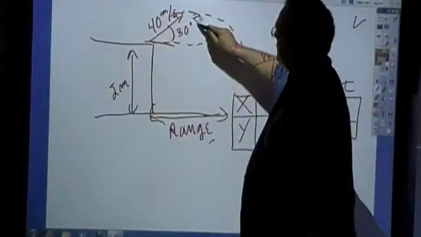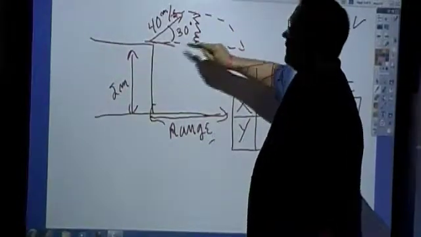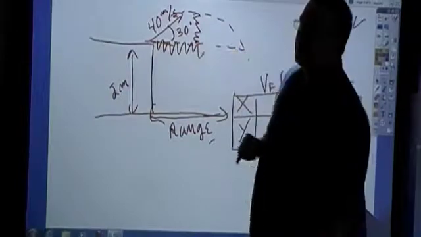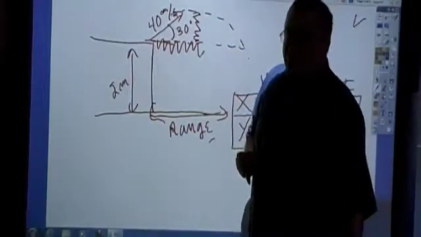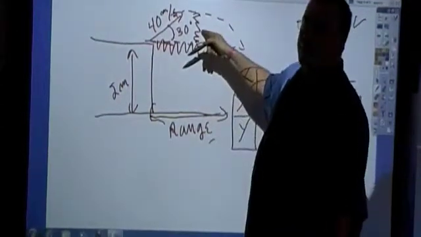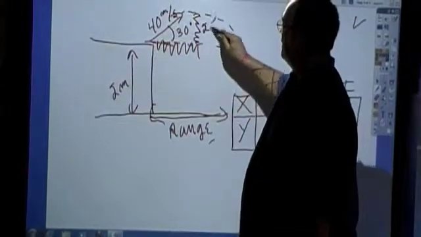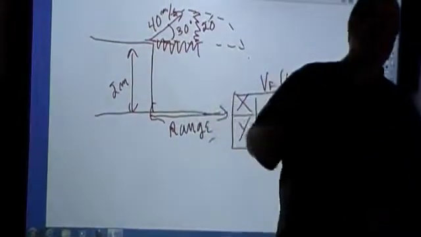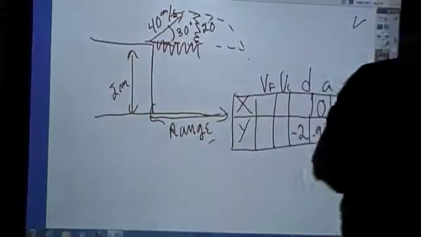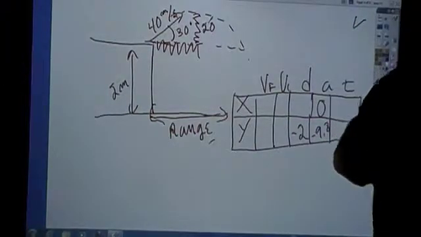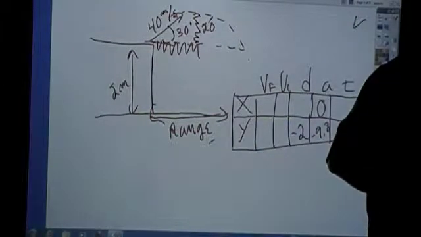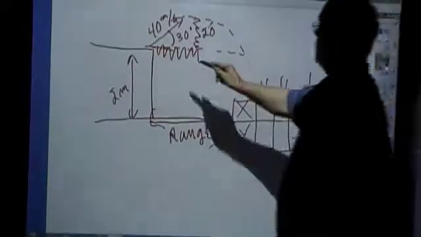But now physics hates this. We have to break this into a Y component and an X component. The sine of 30 is 0.5. Therefore, the Y component has to be 20. The cosine of 30 is 0.86, let's say 0.8. Therefore, the X component is 0.8 times 40, 32.